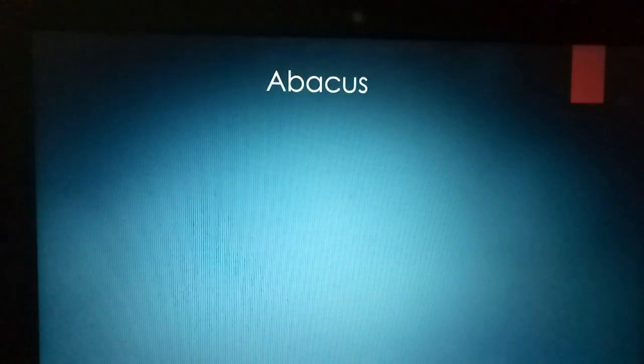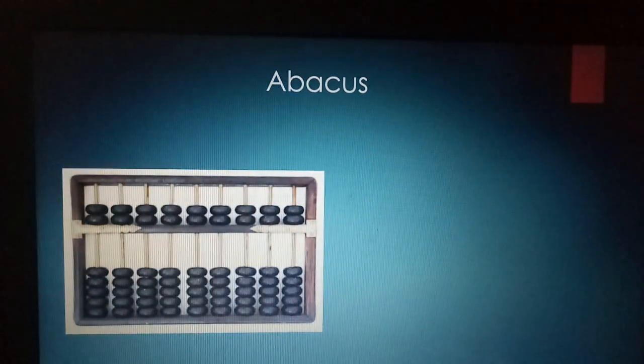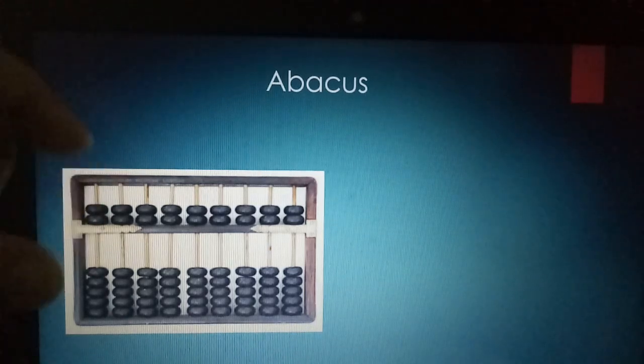This was the device developed by the Babylonians. The device, you can see, consists of bits. The abacus was the first calculating device. Simple calculations like addition and subtraction could be easily performed using the abacus.